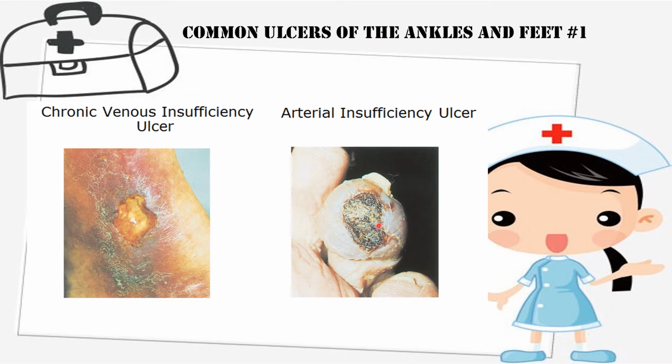So another ulcer. We have here the arterial insufficiency ulcer, which is a condition that occurs usually in the toes, the feet, or possibly areas of trauma. So the surrounding skin shows no callus or excess pigment.